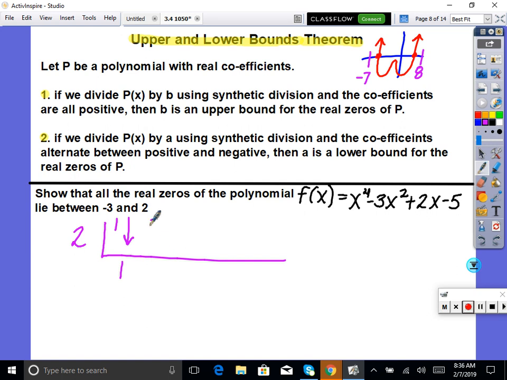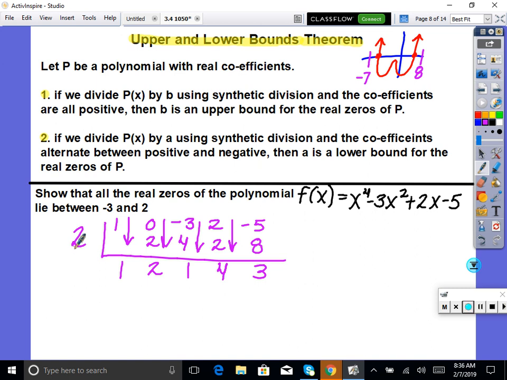So 1, then 0, then -3, then 2, then -5. Add straight down, multiply up, add straight down, multiply up, add straight down, multiply up, add straight down. So all we have to look at now is the signs on those coefficients. It says if the coefficients are all positive, then B would be considered an upper bound. So because all of these are positive, we know that 2 is an upper bound.